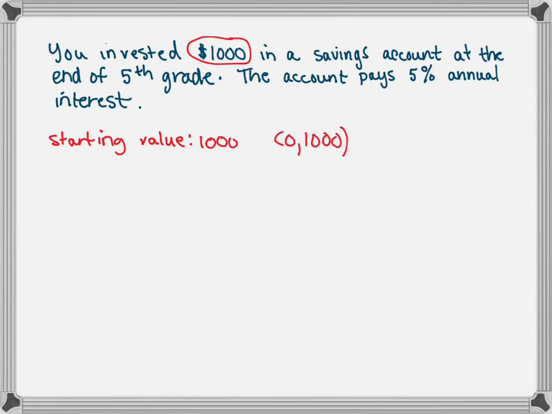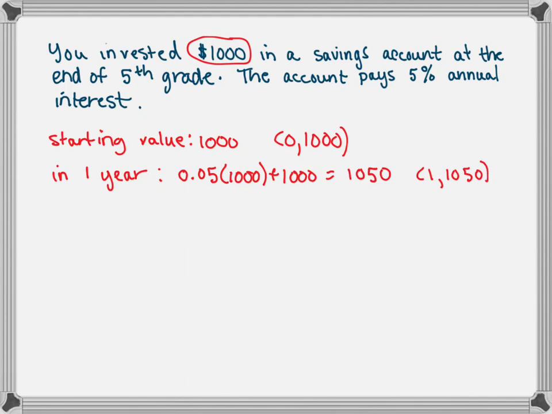So we have 0, 1,000. In 1 year, we'll have an additional 5% interest. So 5% as a decimal is 0.05. I'll multiply that by 1,000 and then add it back to my original $1,000 that we invested. So we have $1,050 at the end of 1 year.